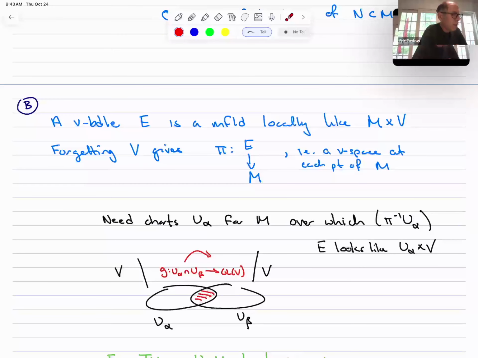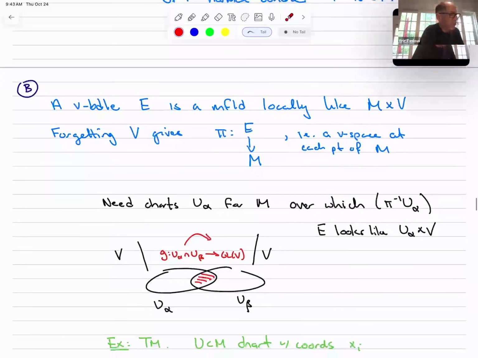So what is a vector bundle, and then what is a holomorphic vector bundle? If a manifold is locally like Rn, a vector bundle is locally like a manifold cross any vector space. I'm going to draw the pieces of the manifold as the U alpha, and cross the vector space V in that direction. The vector bundle must locally look like that.